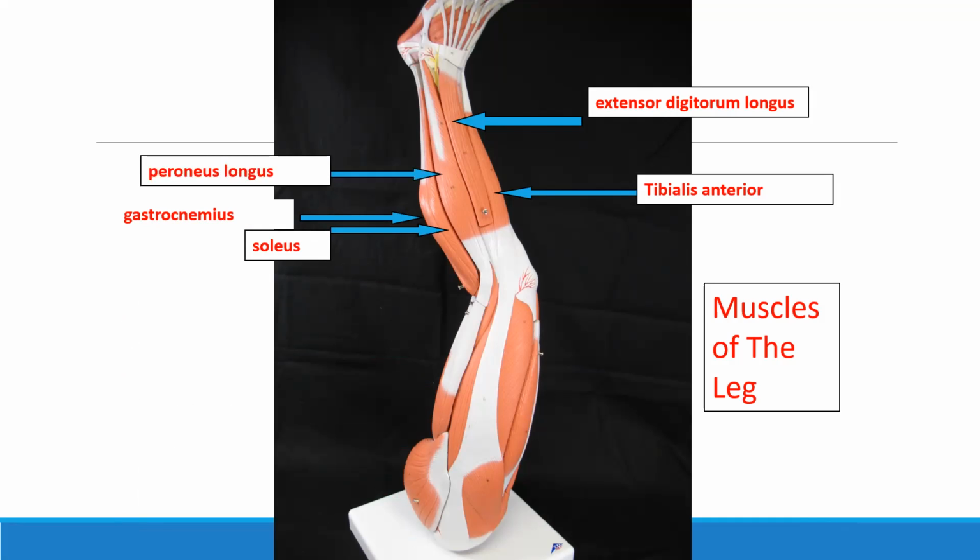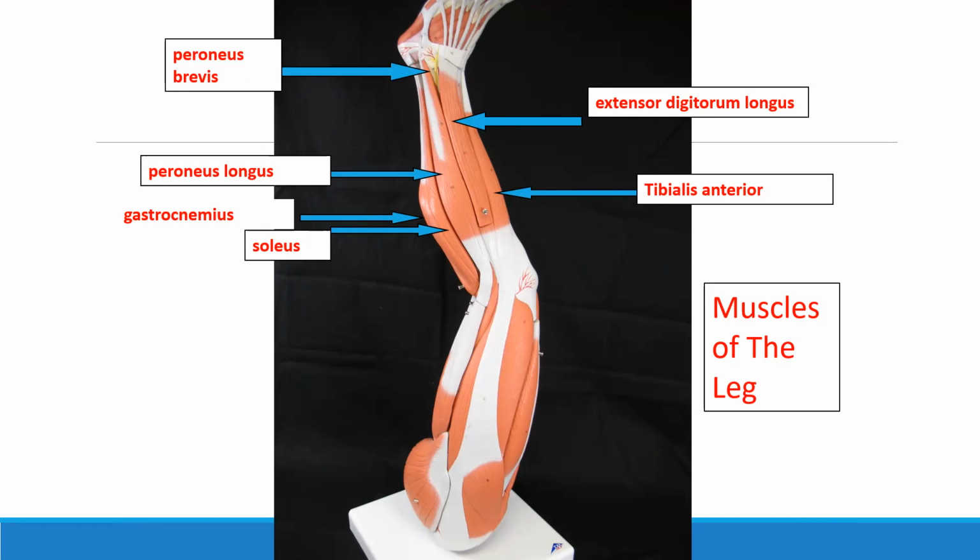Now, moving backwards from the extensor digitorum longus, we have the peroneus longus, and we have the peroneus brevis. And these muscles, again, also help to stabilize our foot when we step. They, again, help control the movement of the toes. But I'm not worried about the actions in here.